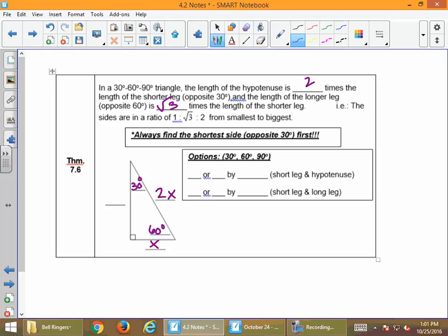So if this is 7, the hypotenuse is going to be what? 14. Okay. Take it, double it, that's the hypotenuse. To get the value of the side across from the 60, all you have to do is take whatever that short side is, and write radical 3 next to it. That's it.